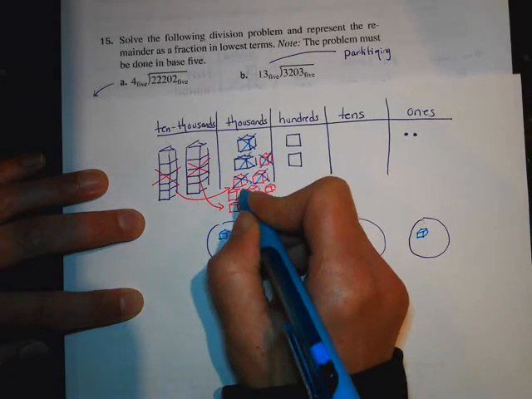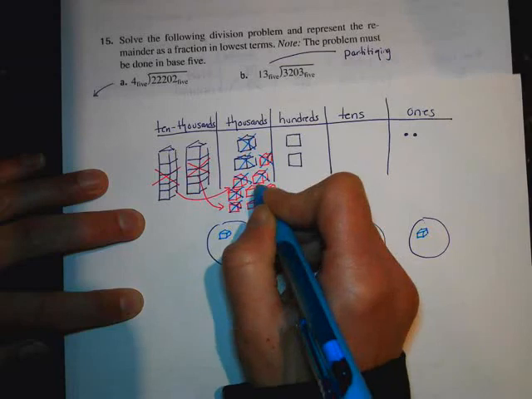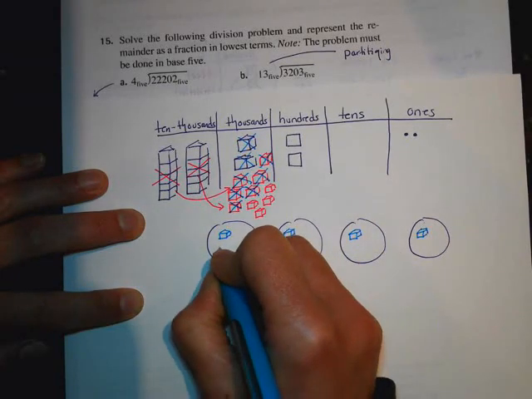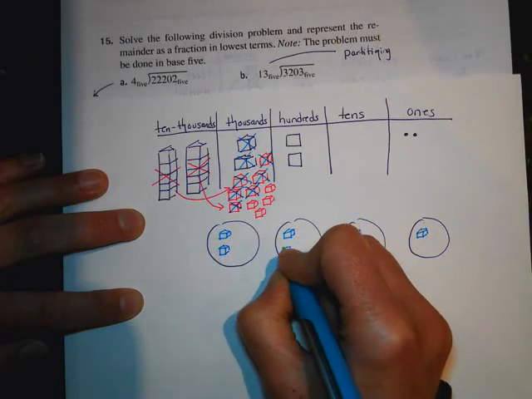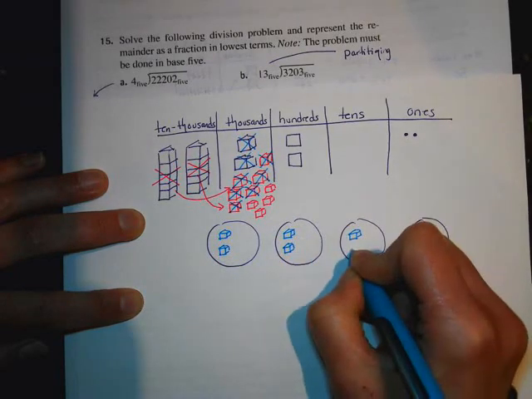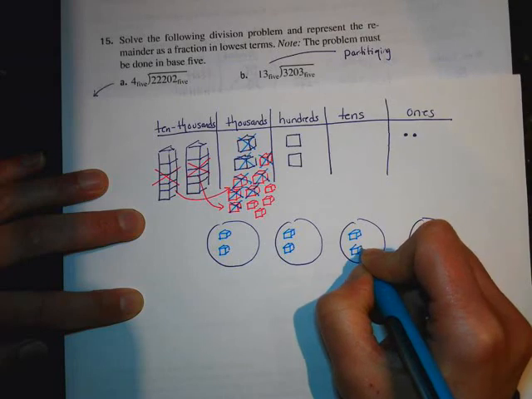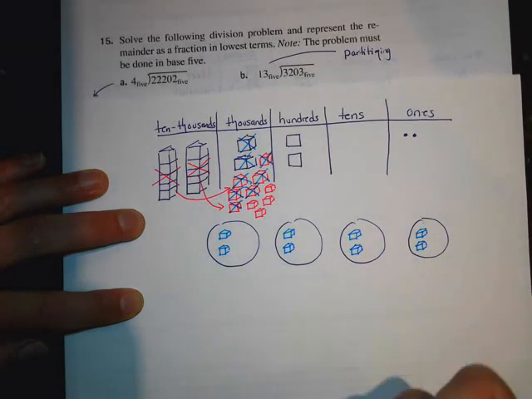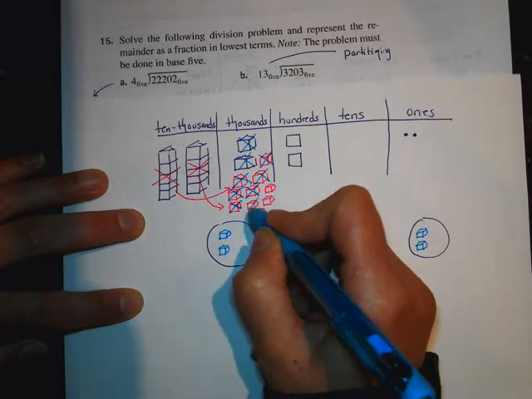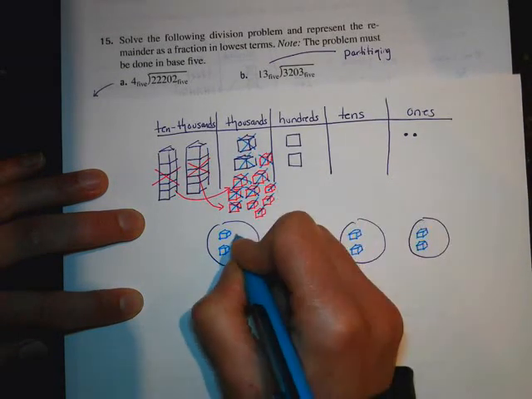And then 1, 2, 3, 4. You get 1. You get 1. You get 1. And you get 1. And it looks like I have enough to share with the rest of the pile. So there's 4 more.